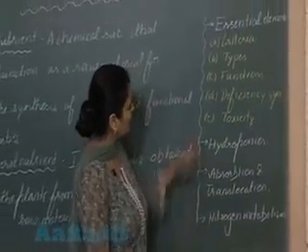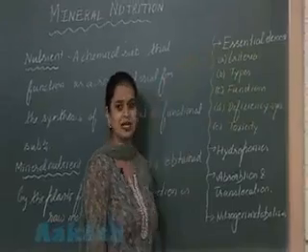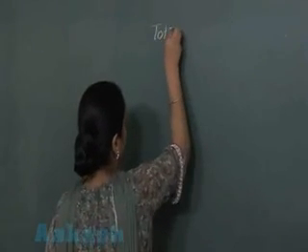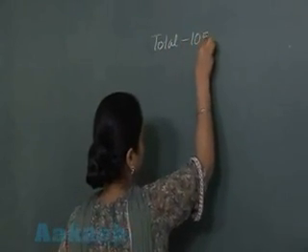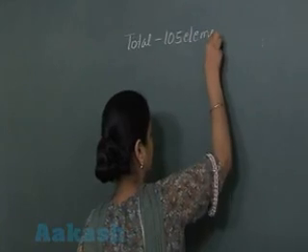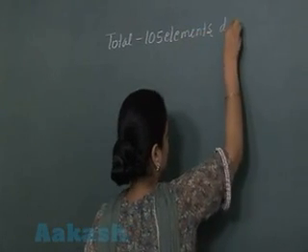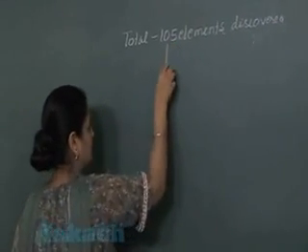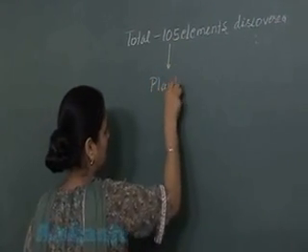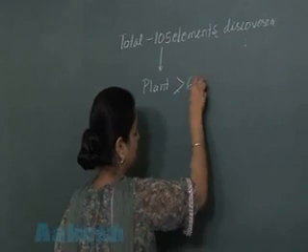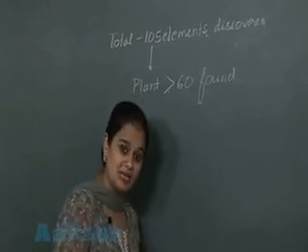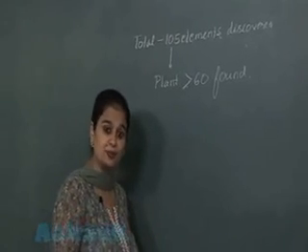Now, first of all, I will be starting with the essential elements. Out of the total 105 elements discovered, प्लांट के अंदर मोर देन 60 एलिमेंट्स प्रेजेंट हो सकते हैं. More than 60 elements are found in the different plants.